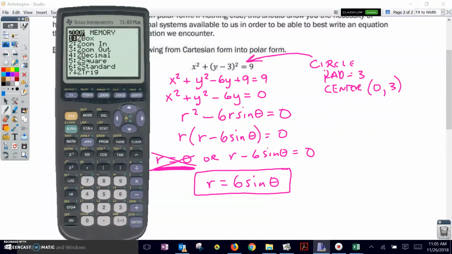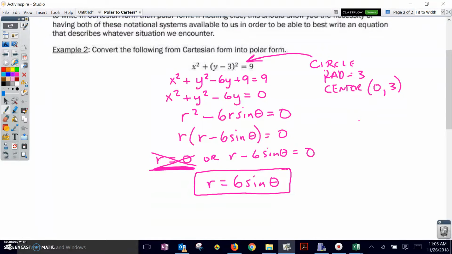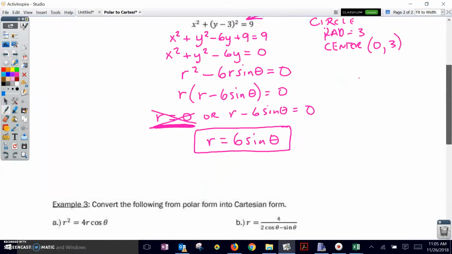Of course there's screen distortion on this, so I'll zoom square. We should end up with a circle. That center is at the point 0, 3, and that has a radius of 3. And that's what we see on our graph. Cool. And in this case, the polar equation is significantly simpler than the Cartesian equation, in my opinion.